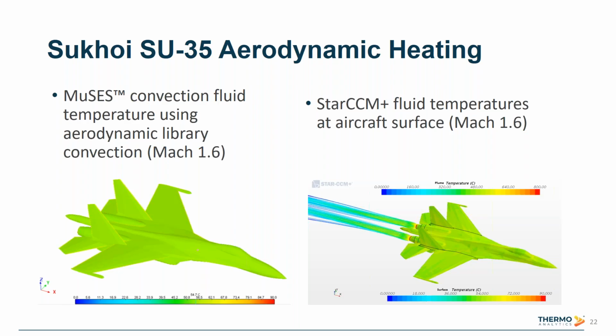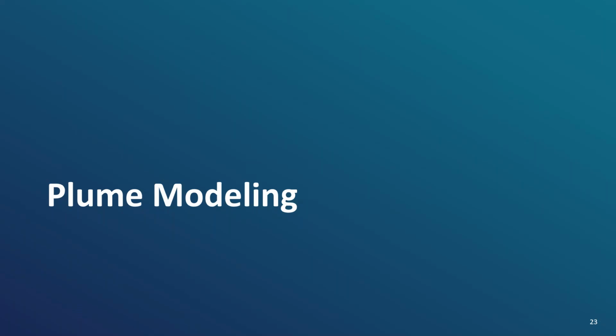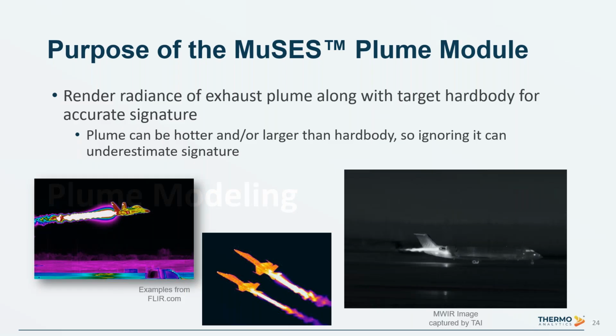In addition to aerodynamic convective heating, we can also go a step further and incorporate other effects that improve the IR signature accuracy. One such effect is an exhaust plume. For some aircraft, the exhaust plume can appear very hot, especially to a mid-wave infrared camera.